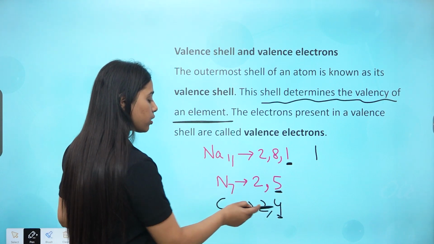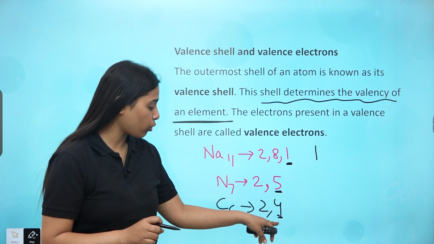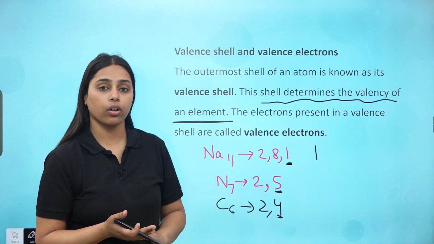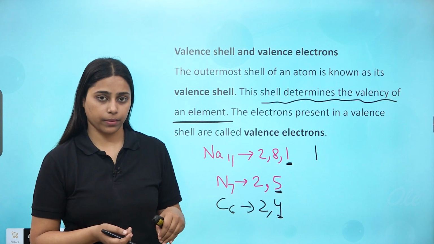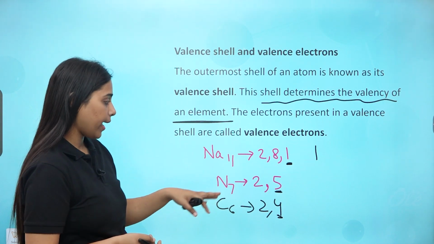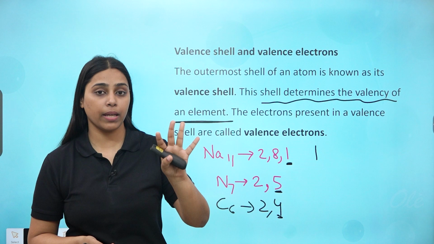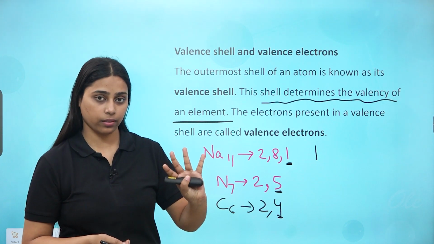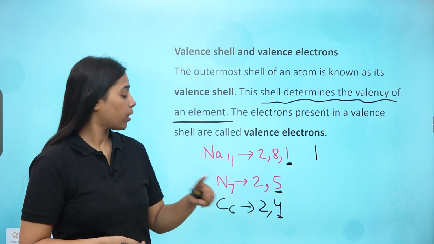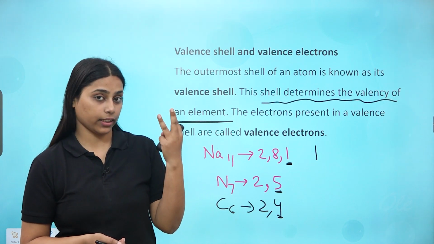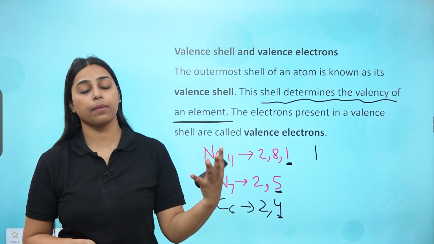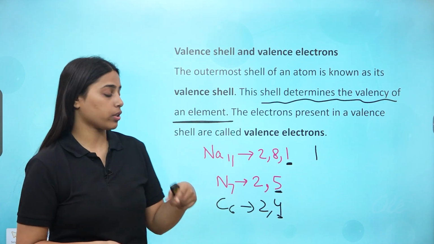Non-metals, or simply elements having 4 or more than 4 electrons, prefer gaining electrons to become stable. We make them stable by making 8 electrons in their last shell, the octet rule. So 5 will become 8 by gaining 3 electrons, and 4 will become stable by gaining 4 electrons.